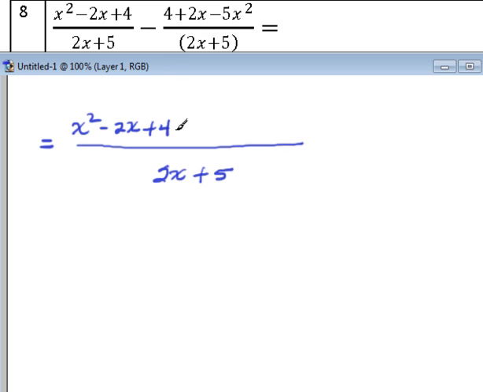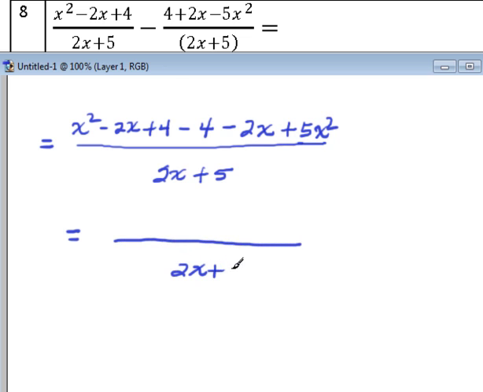That's minus 4, minus 2x, minus 5x squared is plus 5x squared. And combine those like terms. X squared plus 5x squared, we have a 6x squared. Minus 2x, we have a minus 4x. And 4 minus 4 is 0.